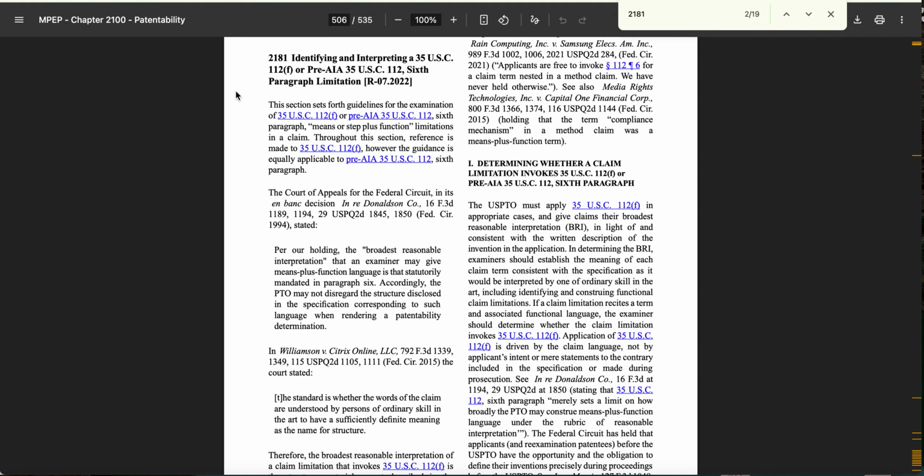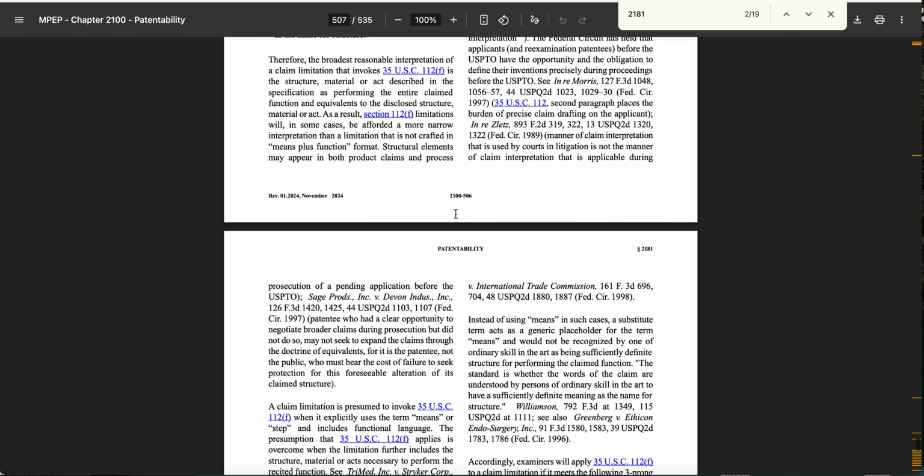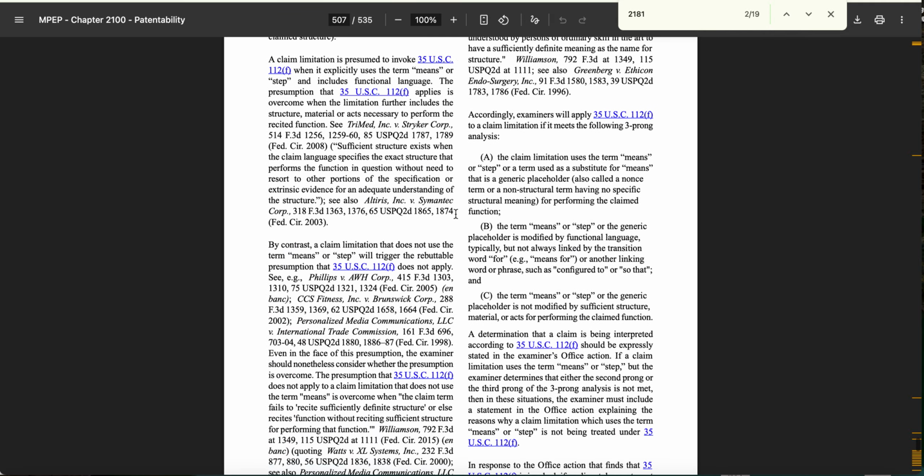All right, 2181. Now, kind of skimming through this, I see a section here that immediately says, determining whether a claim limitation invokes 35 U.S.C. 112F. That means it's probably what I want. If you scroll down a little, here is a step-by-step process for determining it, and you'll notice that this section here discusses exactly what we've just been talking about.